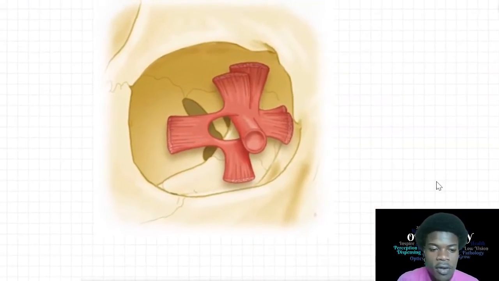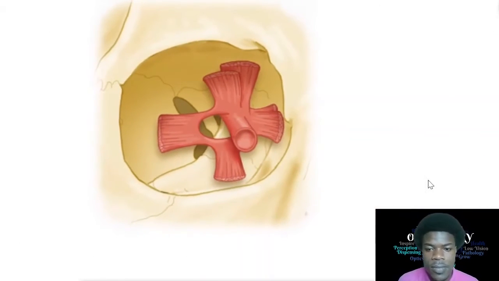So when we're looking at the origins here, let's focus firstly on the rectus muscles. The rectus muscles, as we stated before, the lateral rectus, you could call that LR, the medial rectus, MR, the inferior rectus, IR, and the superior rectus muscle.